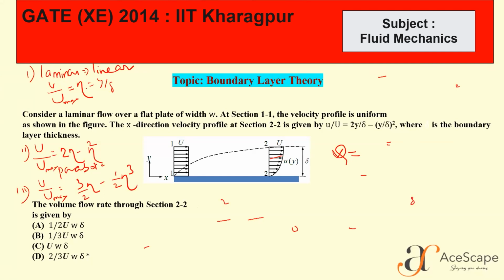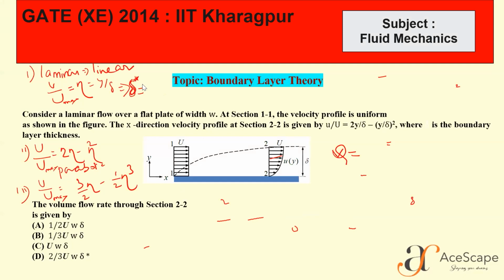So these are the three profiles, and in this case we know del star. What is del star? Anyone in the comments? I'm asking anyone who is watching, what do we call this del star?